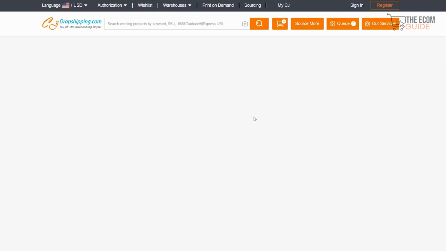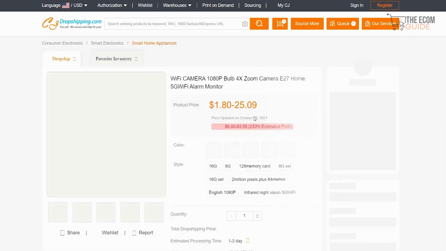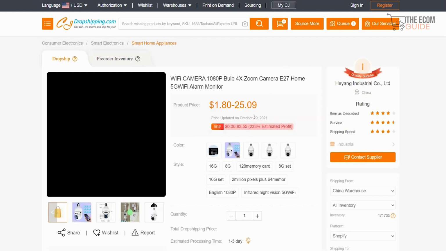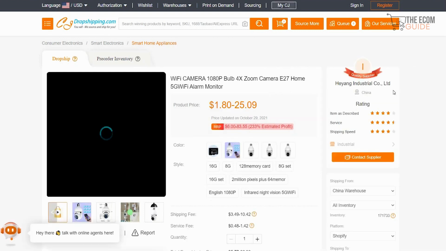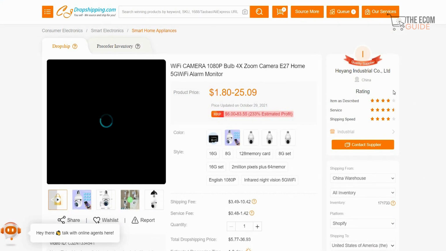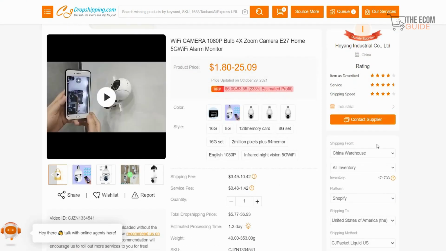The profit margin on this is going to be quite good, but before we search for it, there's one tiny thing I want to mention which is crucial for anyone selecting a product: on the right side of the actual item page, you'll have something called shipping from. Shipping from literally means where you want this product to be shipped from. This product is in the China warehouse, and they have 171,733 of these particular items.